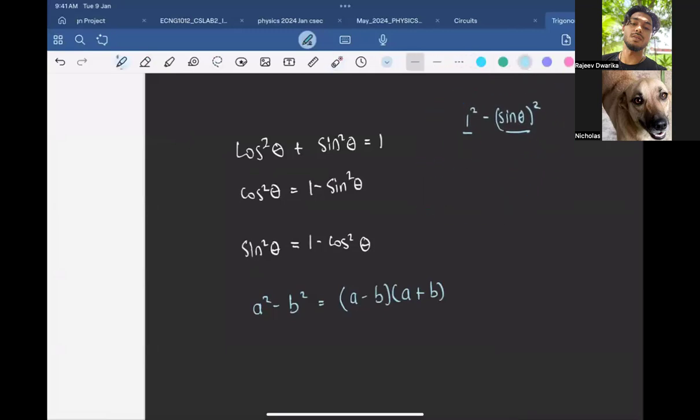How could I write 1 minus sin squared theta using difference of two squares? A is 1, minus sin theta, because sin theta is B. So 1 minus sin theta times 1 plus sin theta.